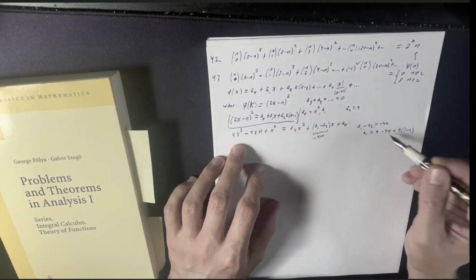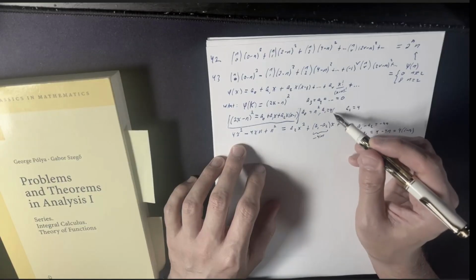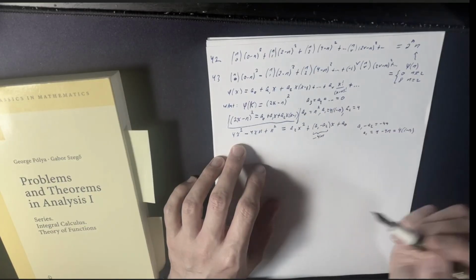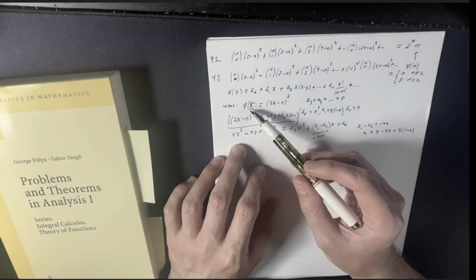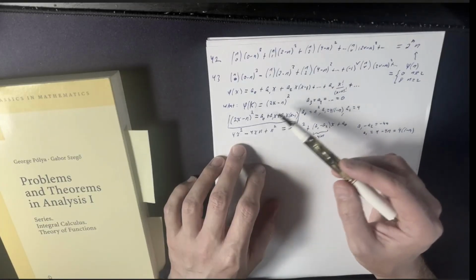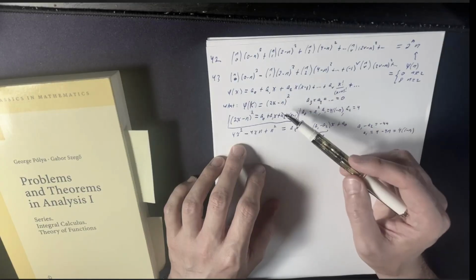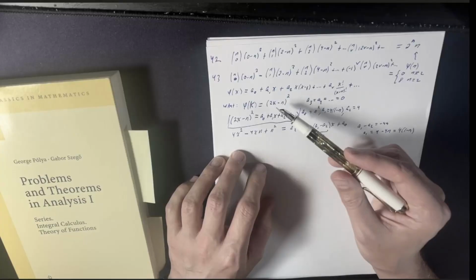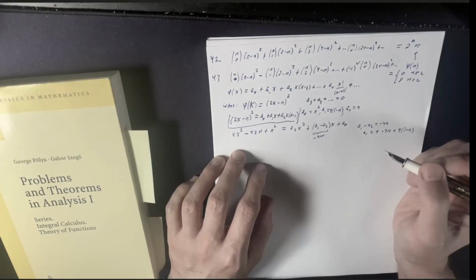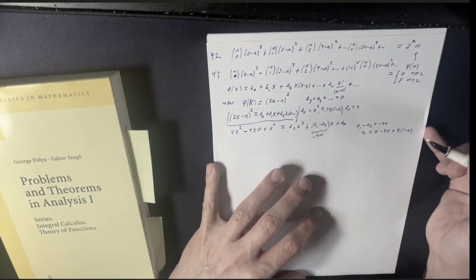So those are the three coefficients that will guarantee our phi of k equals (2k minus n) squared, because this is an integer. But anyway, that's good for phi.